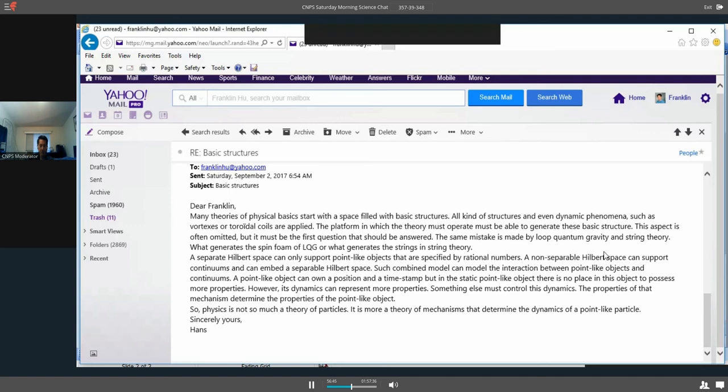Let's go on with what you're saying about point-like objects: they only contain a very limited set of properties. They can have a position and a point in time, but not much more than that. Now you're saying that the dynamics can represent more properties. If a point-like object is allowed to hop around in a hopping path, then the hopping path in the end forms a swarm, and that swarm can have all kinds of properties.